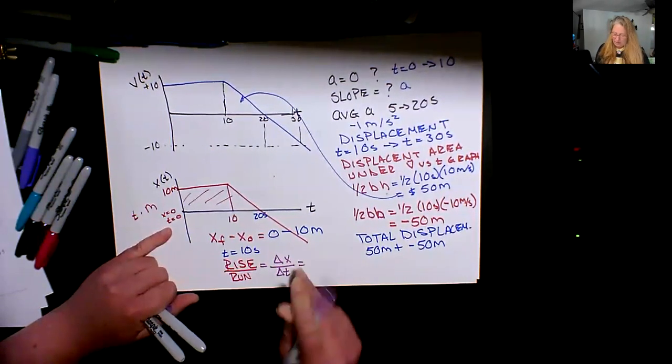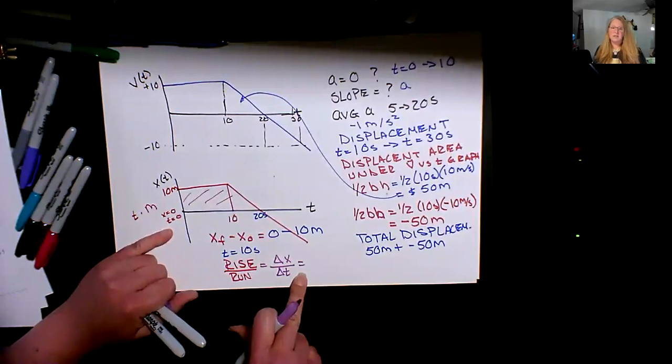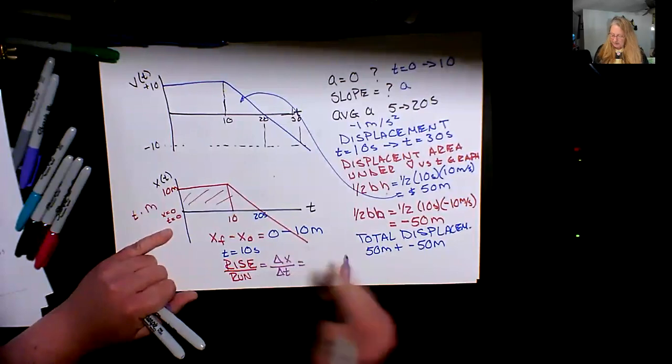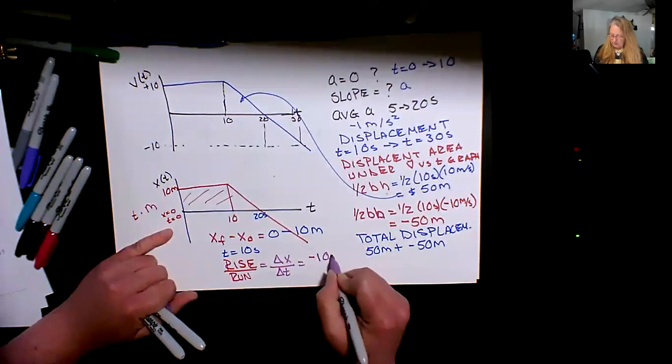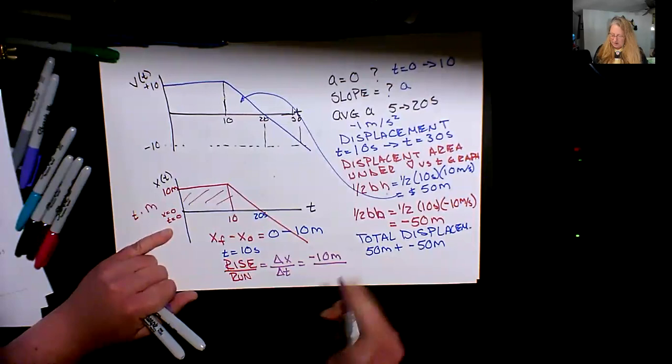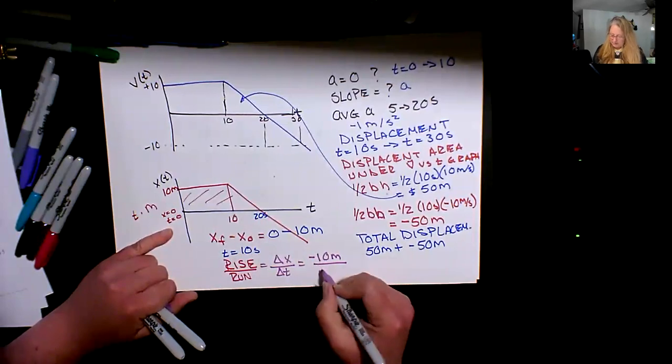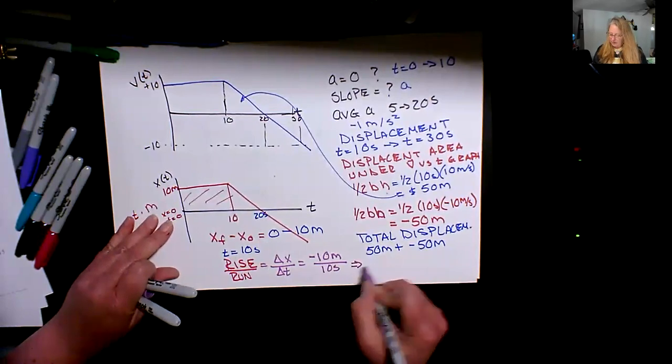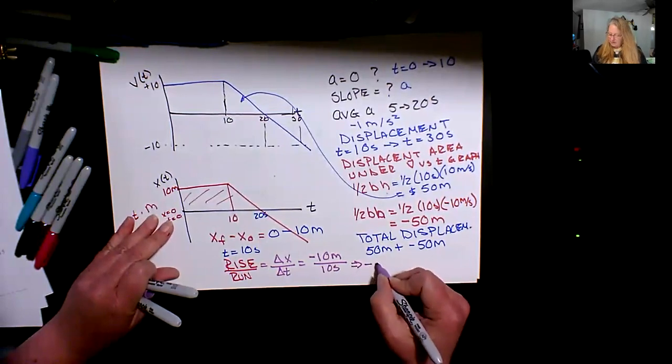Well, that also feels a lot like velocity, doesn't it? So my change in x is going to give me negative 10 meters. And my time, well, that's 10 seconds. So that gives me an average velocity of negative 1 meter per second.